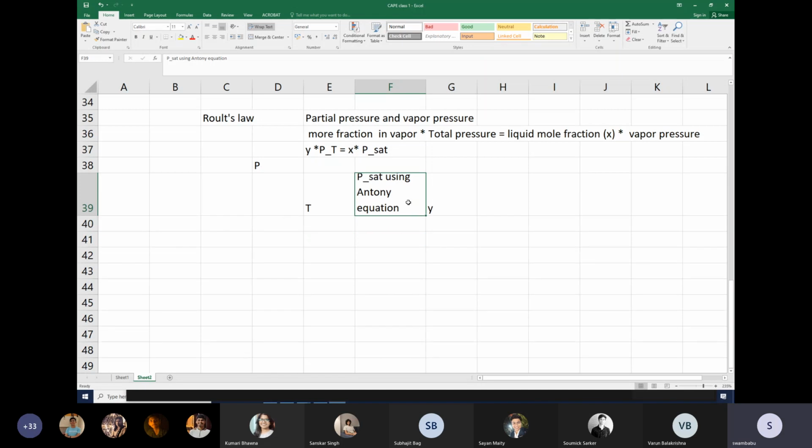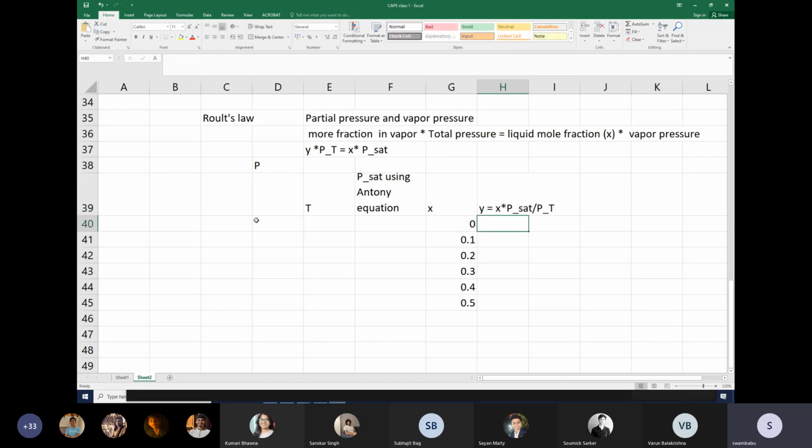we know temperature, we got the P sat, and if you assume different X values, let's say 0, 0.1, 0.2, 0.3, 0.4, these are the different X values. We can calculate the corresponding Y value. How? Y equals X times P_sat by P_T.